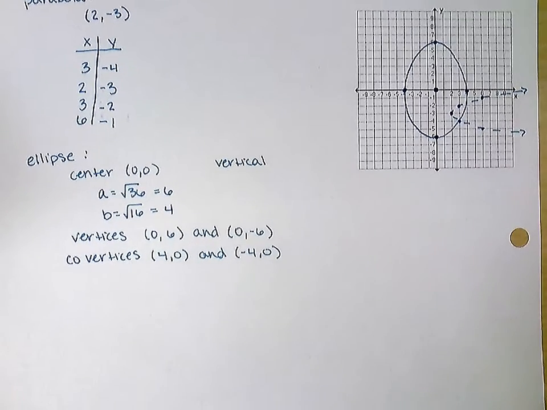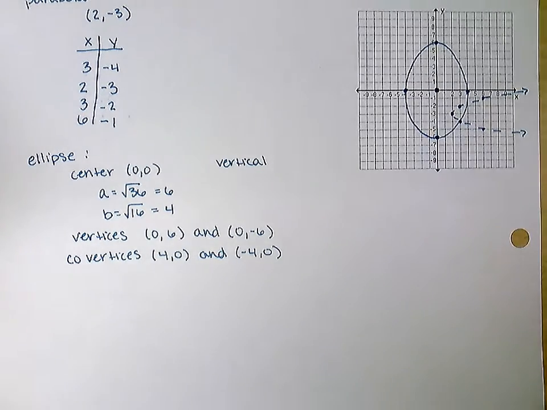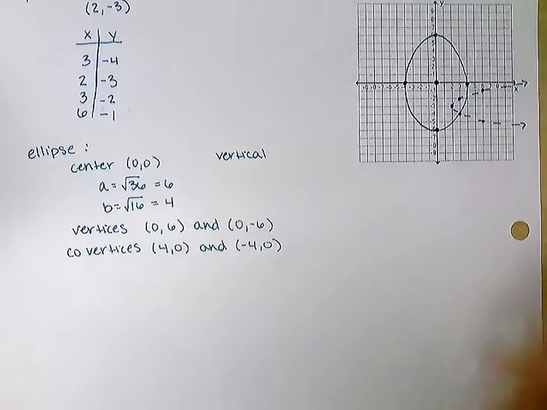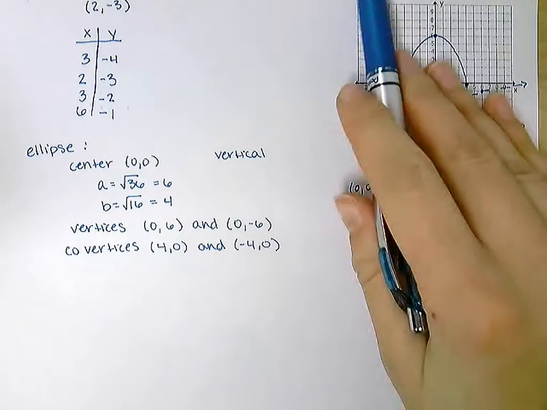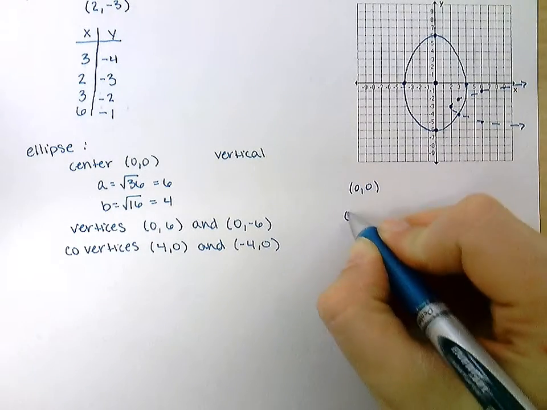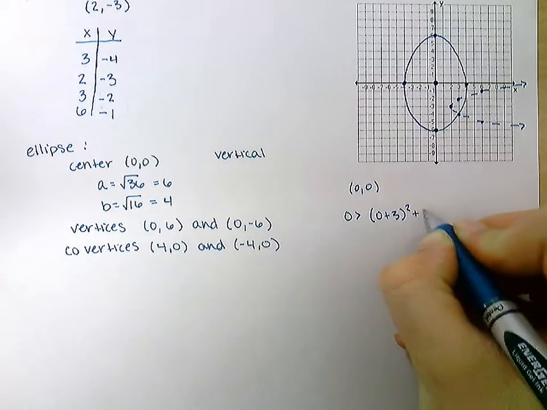Okay, next I need to test out my points. Again, I can just pick (0, 0) for both. Okay, so if I plug in (0, 0) into my first equation, we have 0 is greater than (0 plus 3) squared plus 2.